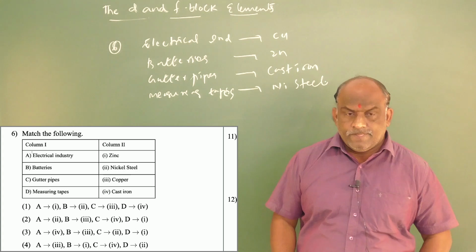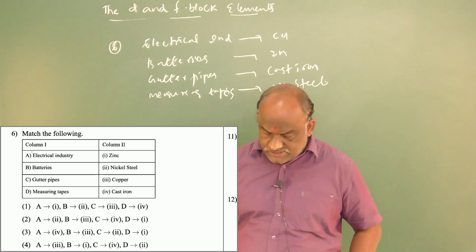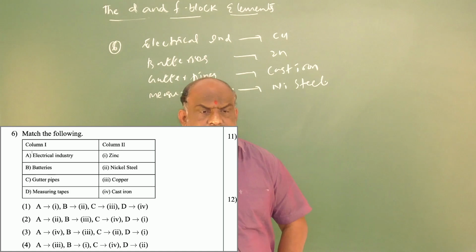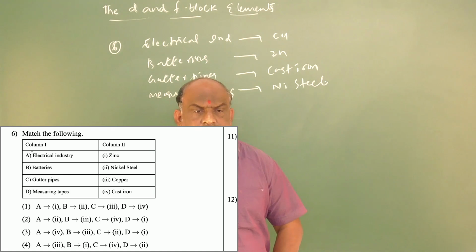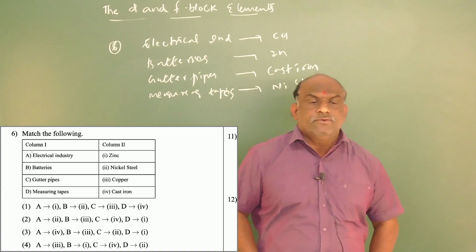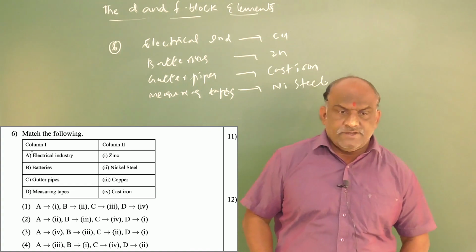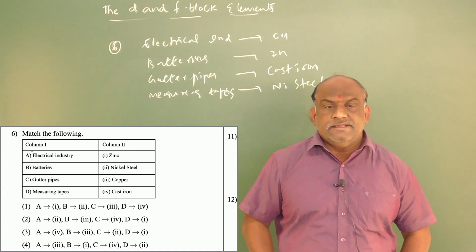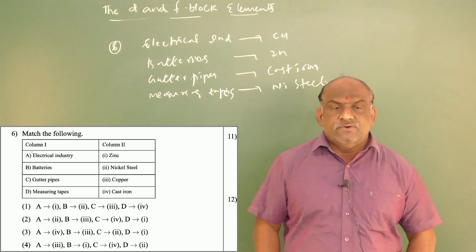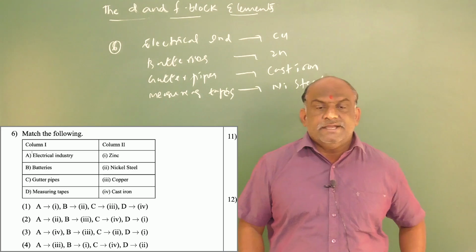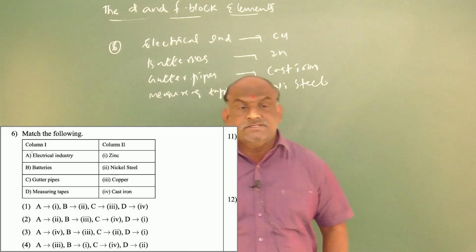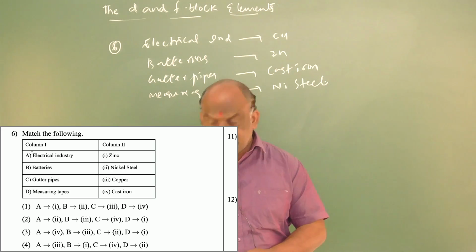Which option is right? Only one option is there. A is 3: electrical industry is copper. B is 1: battery is zinc. C is 4: cast iron, gutter pipes. D is 2: measuring tapes, nickel steel. So option 4 is the right answer for question number 6.